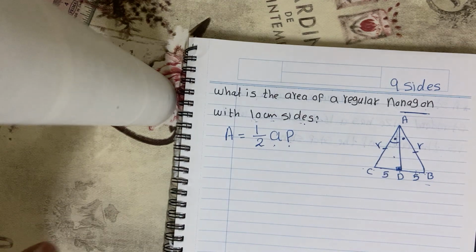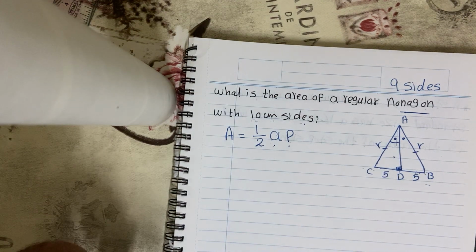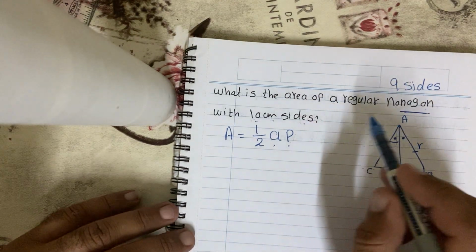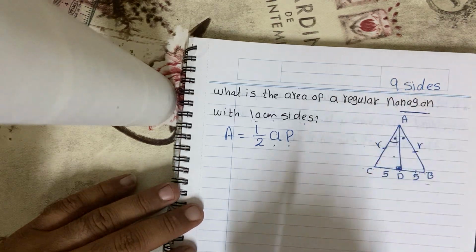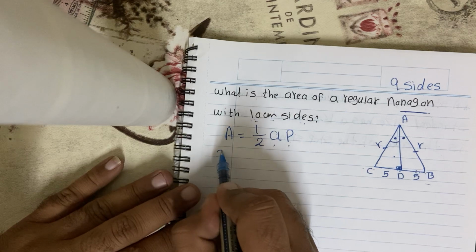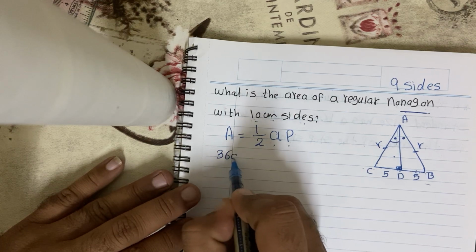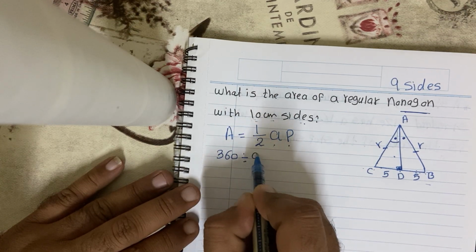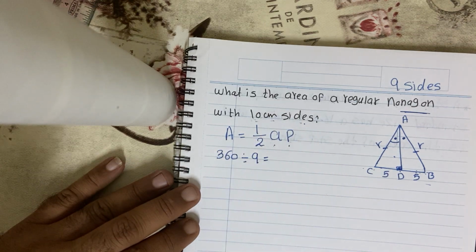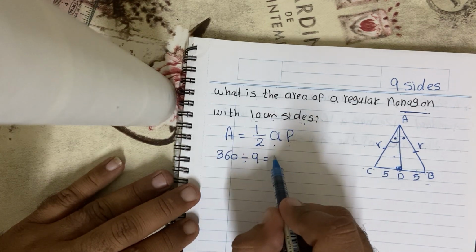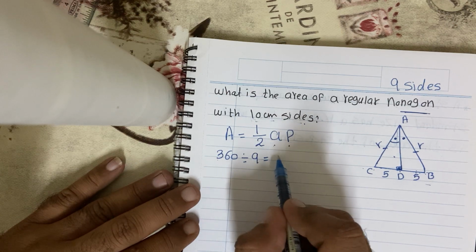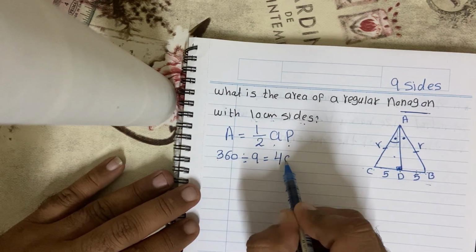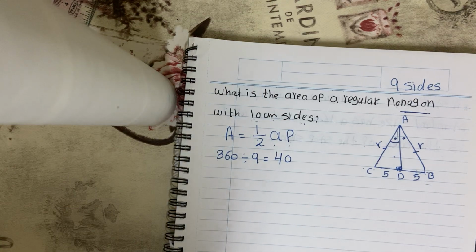How come? Step number 1, the sum of the central angles, or the angles around the center, is 360. So we are going to make 360 divided by 9 because it's a nonagon. It will be 40 degrees.